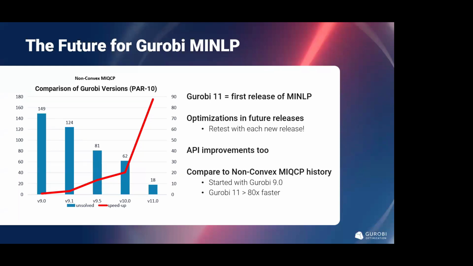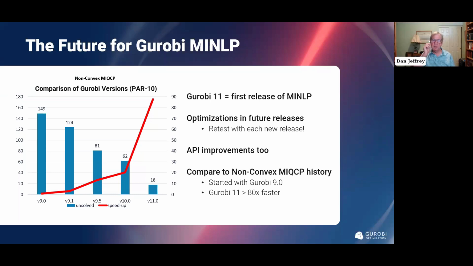Thanks, Dan. There's now a question about Gurobi machine learning and whether it's compatible with MIQPs. MIQP, I assume we're using quadratic terms in there. Gurobi is translating the predictor that's passed to the Gurobi APIs through Gurobi machine learning.